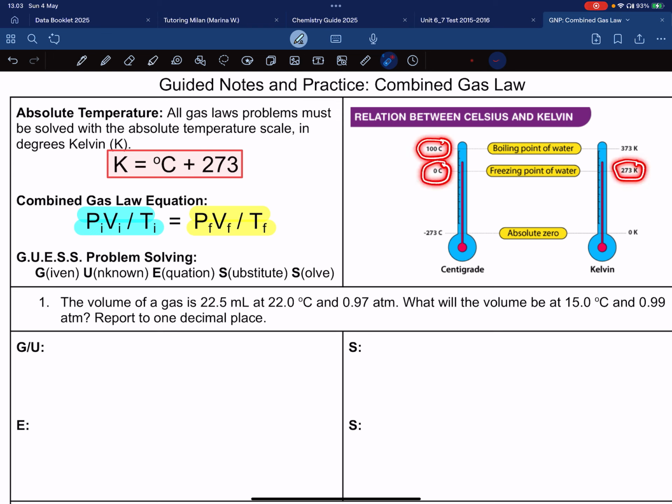Boiling is 100 degrees Celsius, that's 373. So to get Kelvin, you need to add 273 to Celsius. And we use Kelvin because 0 Kelvin is where all molecular and atomic motion ceases. It's absolute zero. That's negative 273 Celsius. So everything has to be in Kelvin.